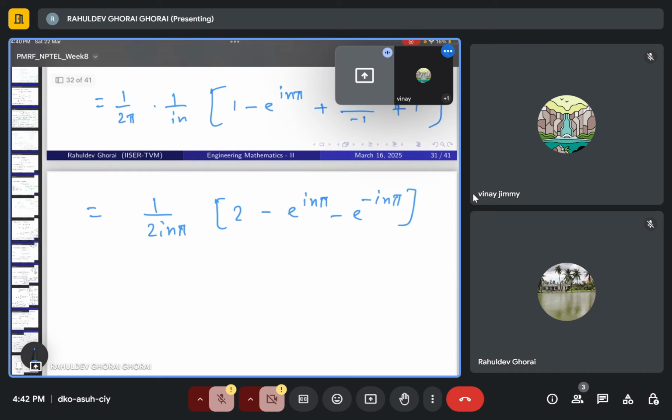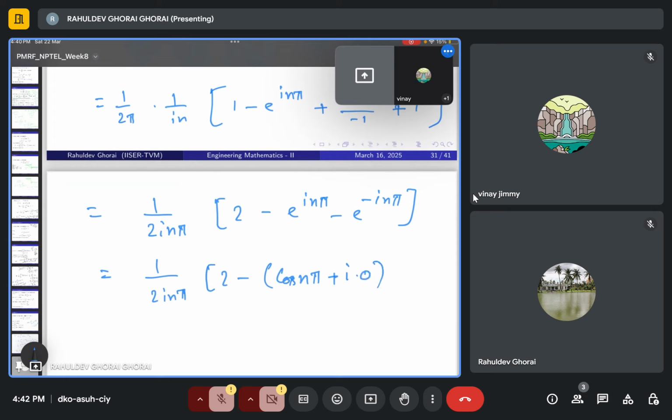What are these? So 1 over 2 i n pi, 2 minus, this is cos n pi plus i sin n pi, right? Let us keep cos n pi plus i sin n pi, that is 0, minus again cos n pi minus i times 0.